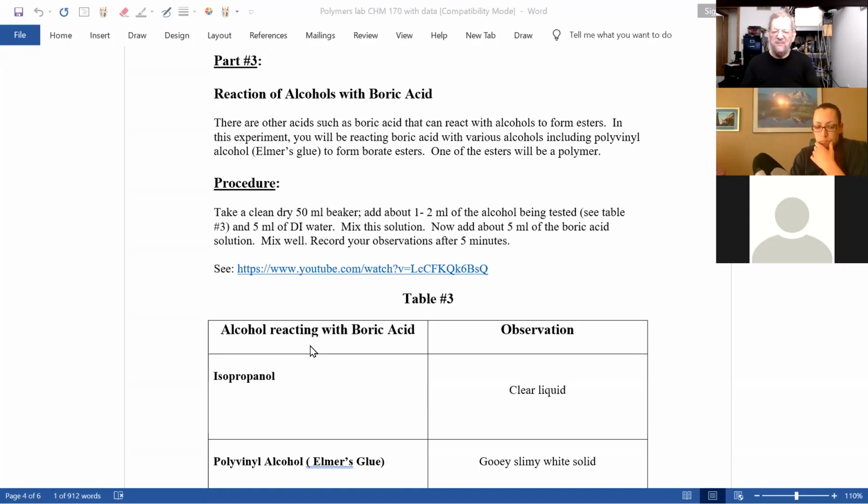And I don't have people use food dye. You can at home, but it's messy. Looks nice though on screen.